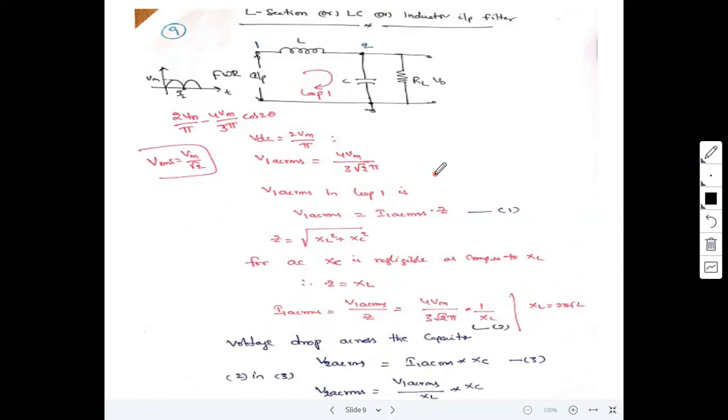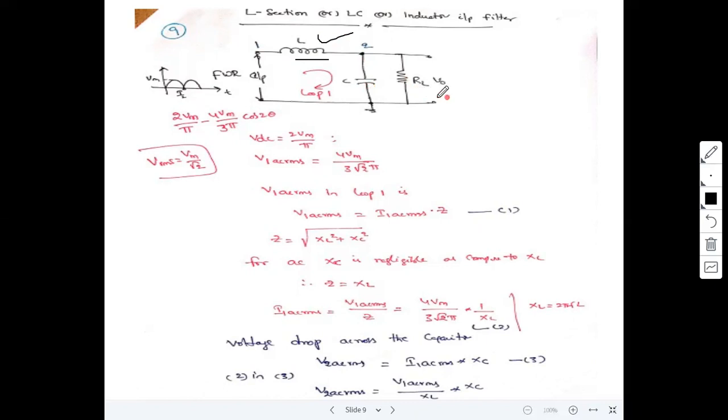But in this L section filter, we use both reactive elements. The inductor is connected in series, whereas the capacitor is connected in parallel, as well as the load resistor RL at the output side.